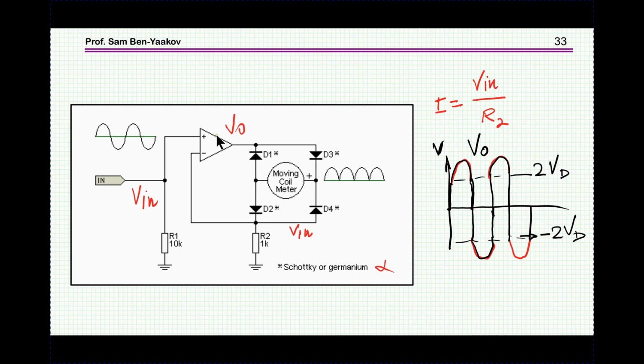Now, the output of the amplifier will now have to accommodate both the AC component on the moving coil as well as the jump due to the breakpoints of the diode, of the rectifier. So this is a possibility to feed a moving coil meter with an AC source using precision rectification.